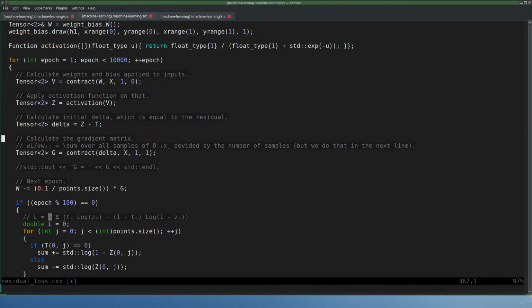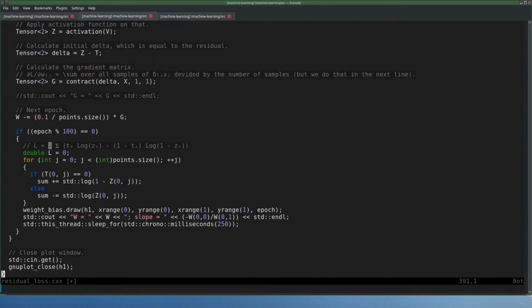Yep, okay, now. And then we can print it. Loss is loss.